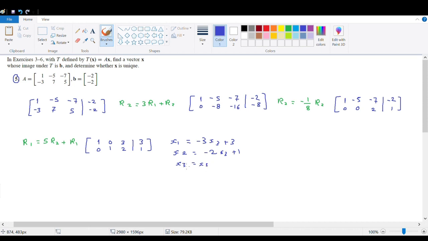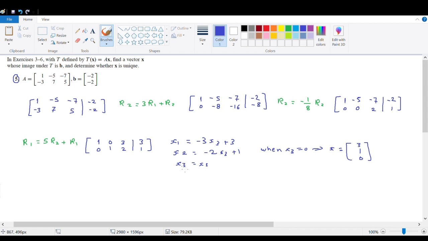That means x3 is a free variable. So when x3 is equal to 0, x1 will be equal to 3, x2 will be equal to 1, and we choose x3 to be 0. Here, determine whether x is unique.